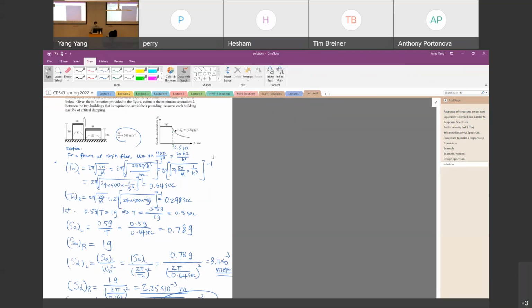Next time we will talk about the response of a multi degree of freedom system. When you have a 2-story building or a 100-story building, the response will be very different from a single degree of freedom system. Next time I will use the shake table to show you some physical demonstrations.